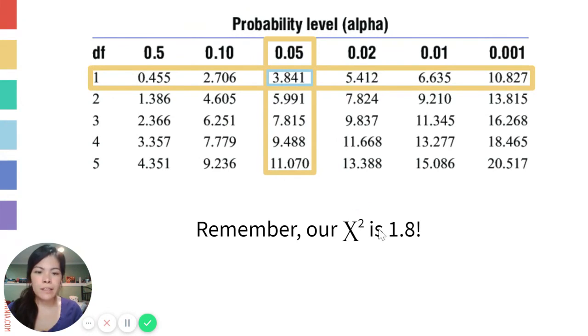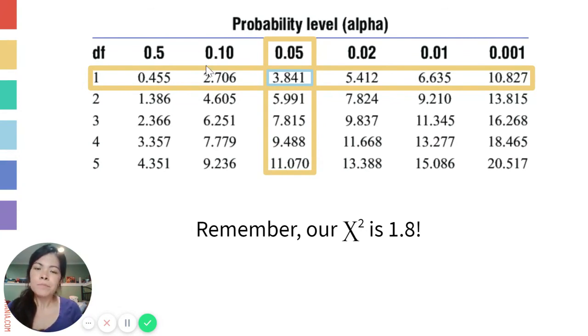So you can see our chi-squared value is 1.8. So it's falling somewhere in between a 10% chance and a 50% chance that we would get our actual data set of 13 men and 7 women, even if Biotown is in actuality 50-50 men and women.